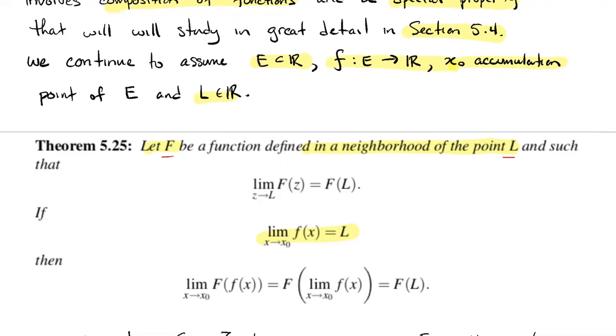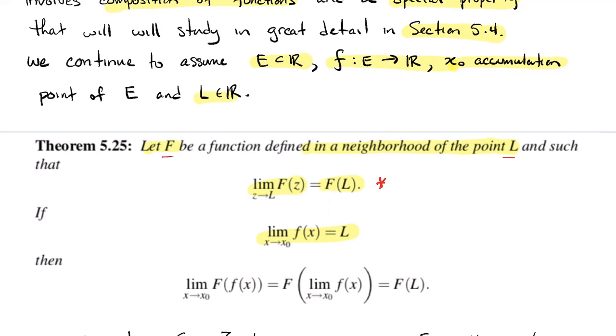And I'm going to further assume that the limit, as z approaches L, of F of z is equal to capital F of L. That's the special property I was talking about. We'll study this carefully. Basically, what that property is saying is that the limit of capital F exists, L is an element of its domain, and the limit equals the value there.